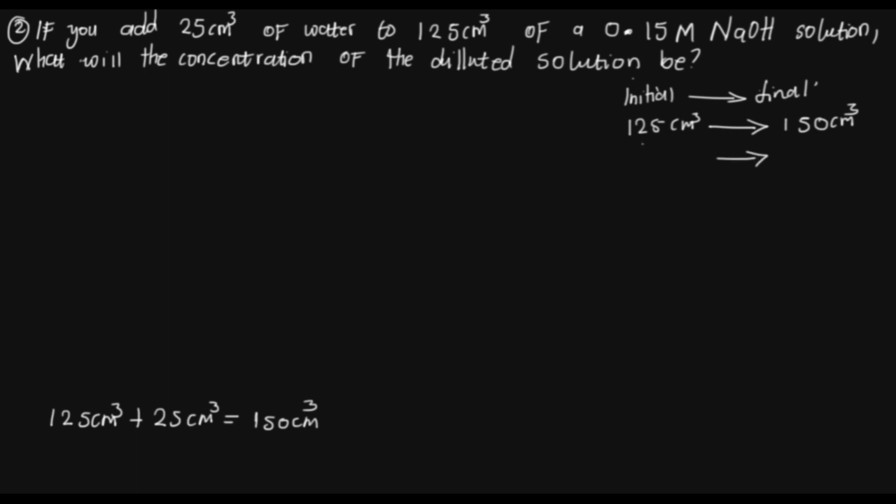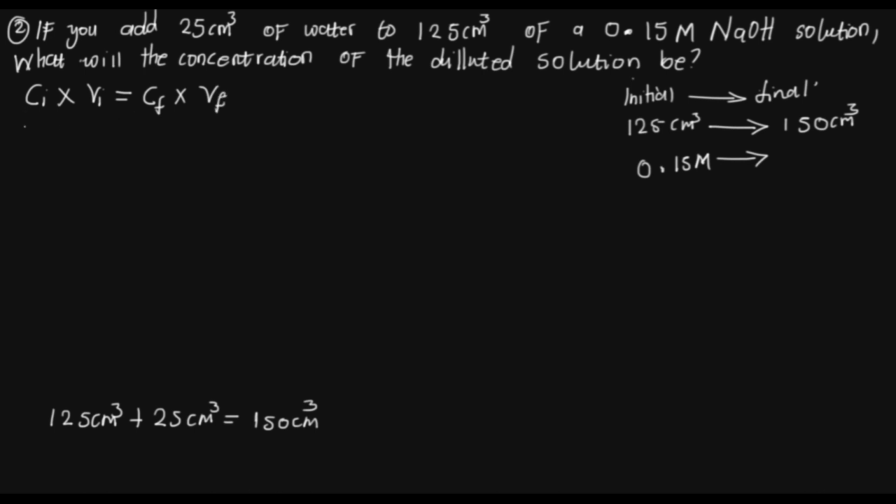Now before the 25 cubic centimeters was added, the concentration was 0.15. So now the question is, we want to know the final concentration. So since the volume increased, the concentration must be reduced. So let's go back to our formula. So our formula is the initial concentration times initial volume is equal to final concentration multiplied by final volume.